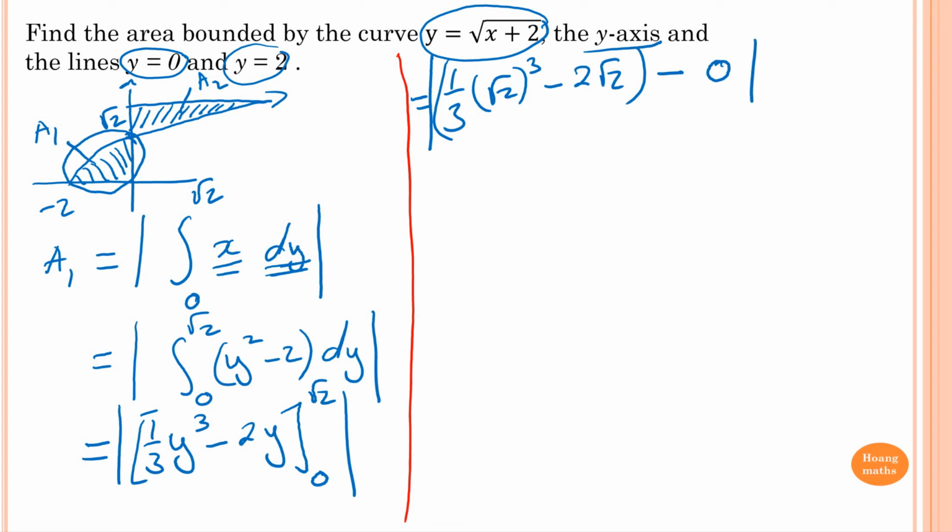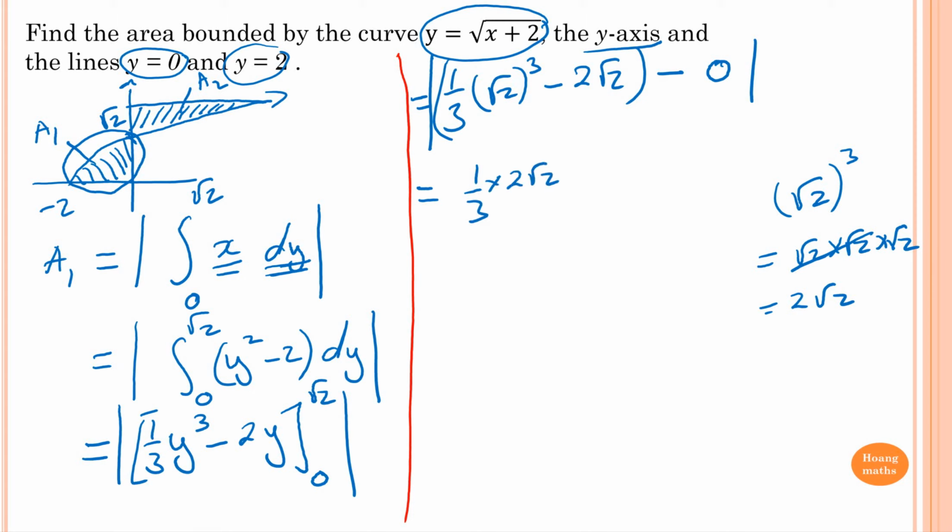Remember, square root of 2 to the power 3 is root 2 times root 2 times root 2, and root 2 times root 2 is 2, so it's 2 root 2. So this gives 1/3 of 2 root 2, minus 2 root 2.